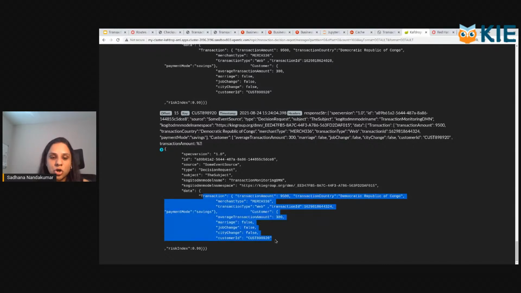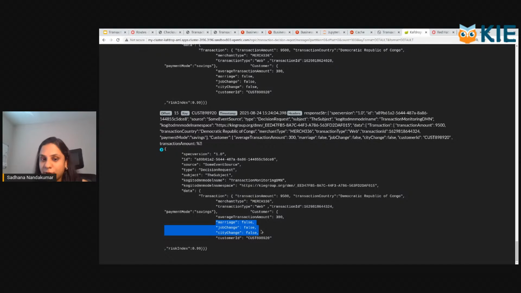So we have the transactional context going in along with the enriched data. You can see that we are enriching that data with the average transaction amount, all of the personal information about the customer, along with the type of payment. We're also considering whether it was a cash payment or a credit card payment. All of that information is sent in.